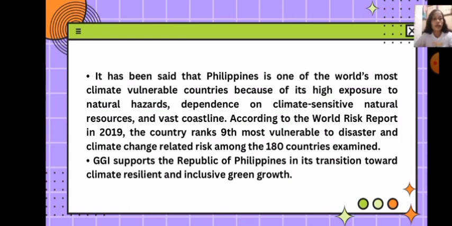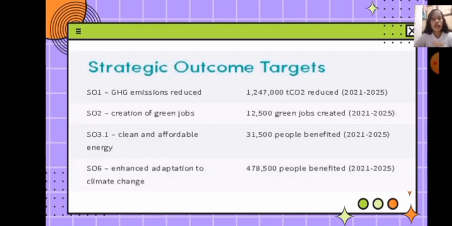GGGI supports the Republic of Philippines in its transition toward climate resilient and inclusive green growth. So these are the strategic outcome targets that need to be attained in order to have greener investments and greener accommodation within our government.